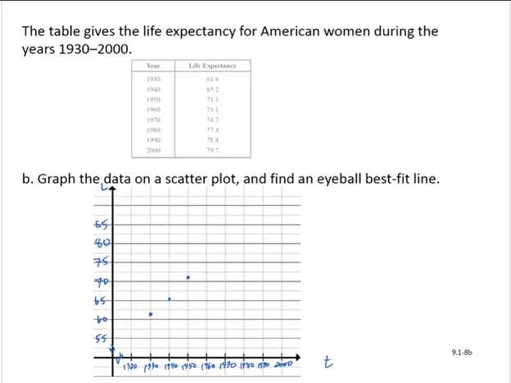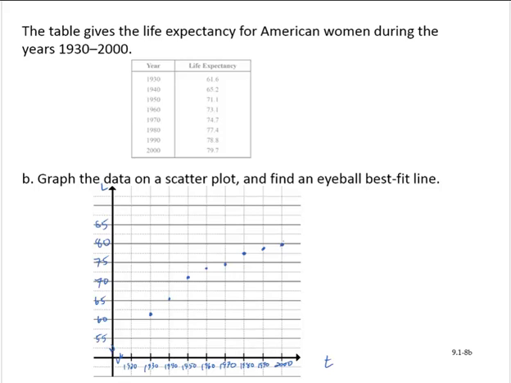So this would be 72.5, so go a little bit higher, there's 73.1 roughly. 1970, 74.7. 1980, 77.4. And 1990, 78.8. And finally 2000, 79.7.